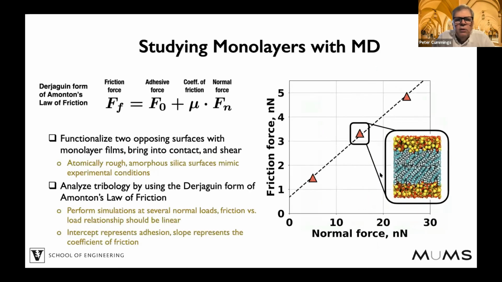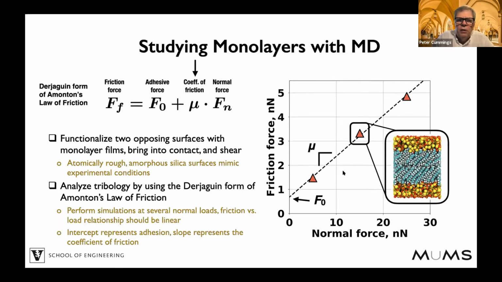From these simulations, what we find is that the friction force versus the normal force follows a straight line like this. The intersection of this line with zero normal force is what's known as the adhesive force, and the slope of the line is the coefficient of friction.